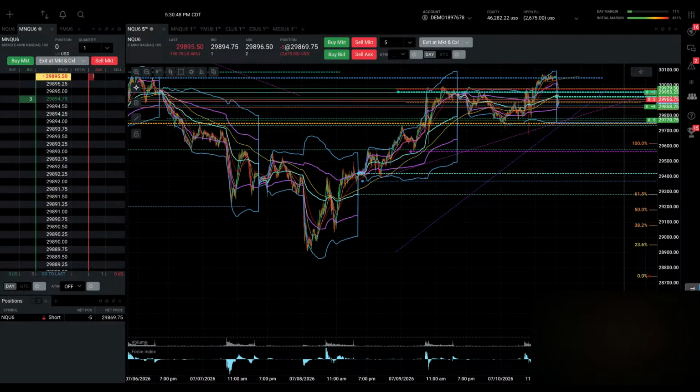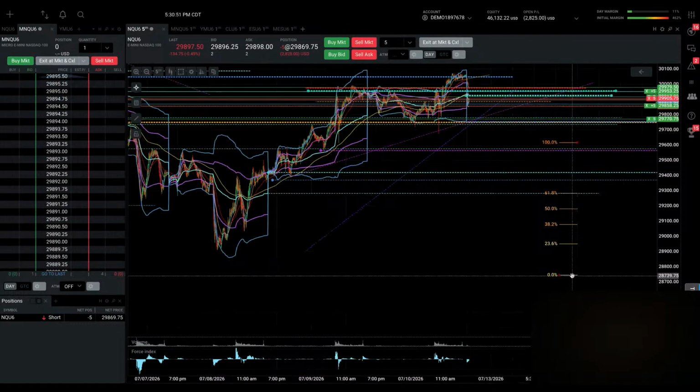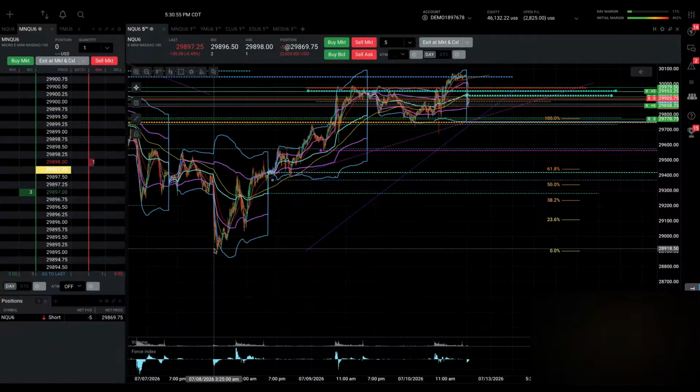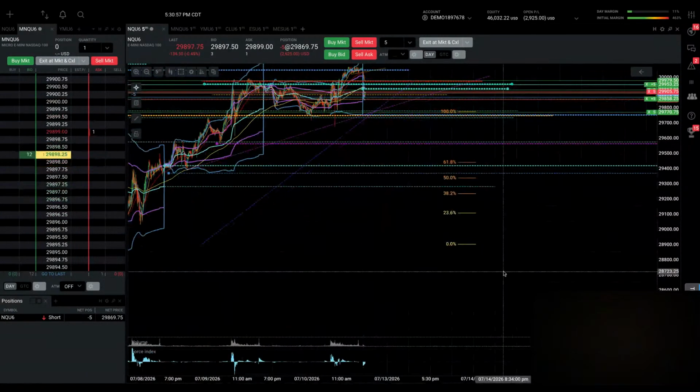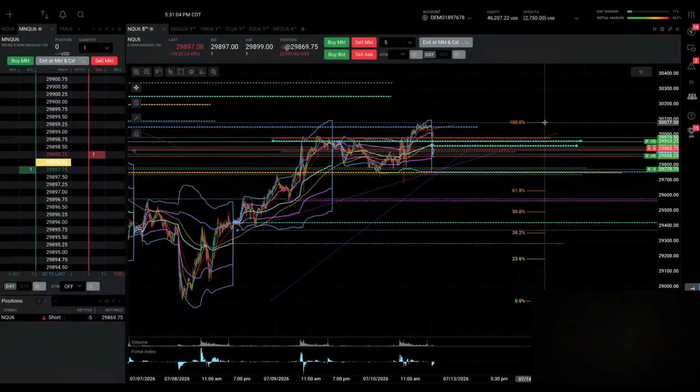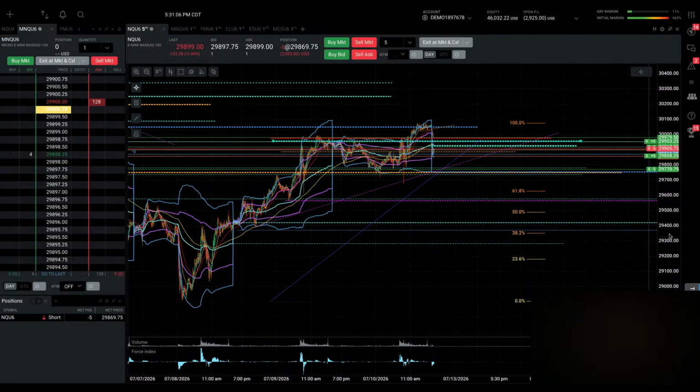This we want to have definitely mapped out as well. So we'll put it there at the bottom of this more recent low, and we can drag it up to our most recent high.